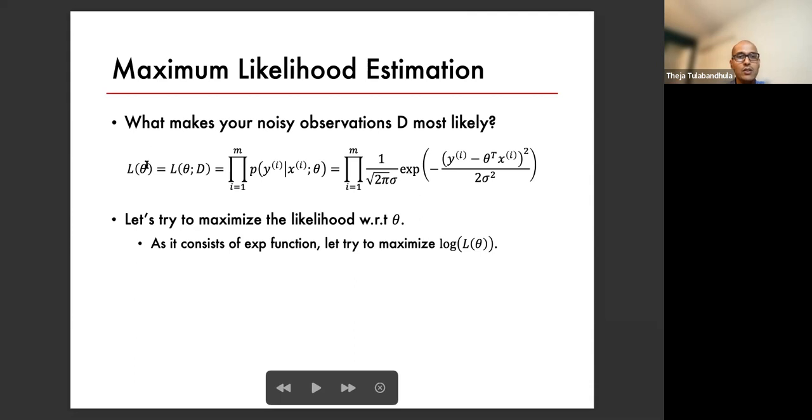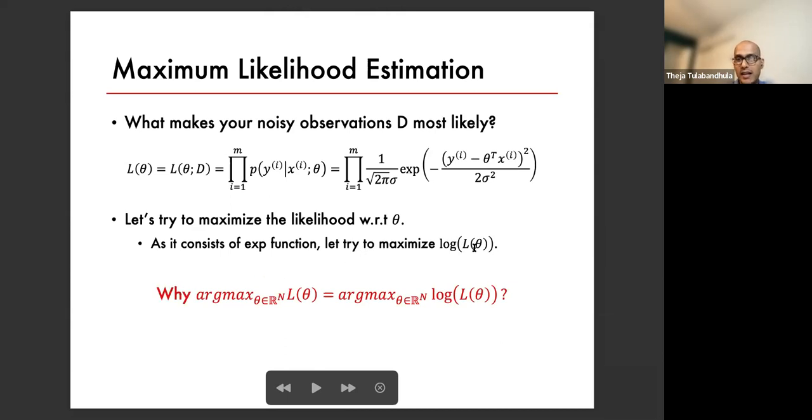So instead of maximizing the likelihood, we can actually maximize the log likelihood, and it will not change the solution. So let's try to maximize the log of the likelihood. Sorry, instead of talking about it later, let's talk about it right now.